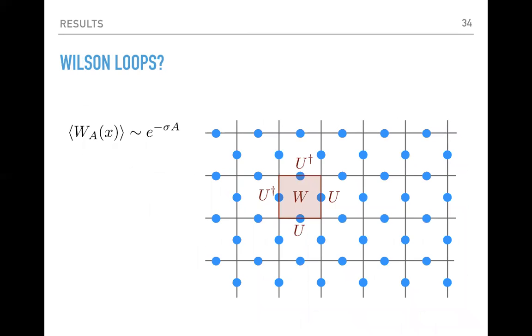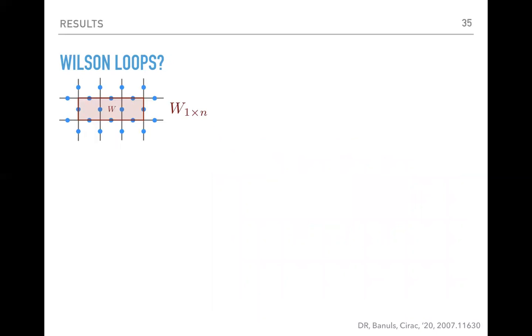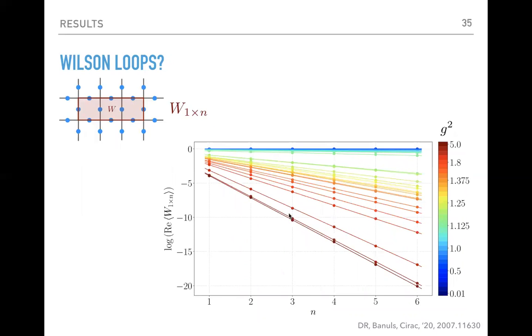Another thing that we did, in order to reinforce our findings, was to also calculate Wilson loops, which we can also do. It's a little bit more costly, but you can do that. And for Wilson loops, what we did was to basically calculate their expectation values and fit them to straight lines.